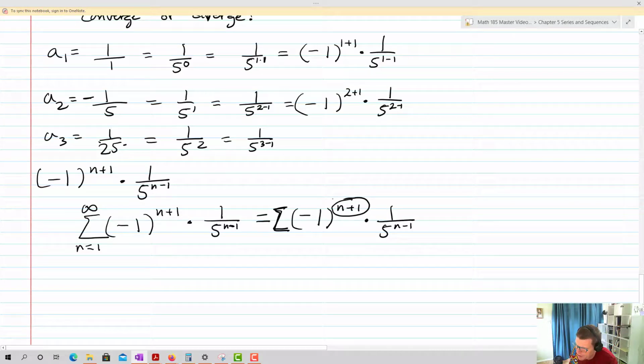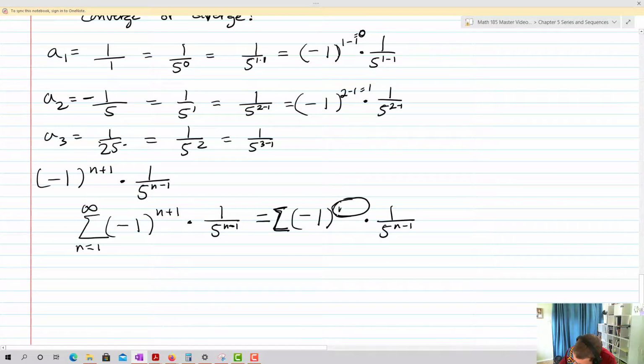So I'm going to change it to an n minus 1, and I can do that because it's going to end up giving me the same answers. For example, if n is 1, then 1 minus 1 gives negative 1 to the 0th power, which is positive. And for n equals 2, 2 minus 1 gives negative 1 to the 1, which is negative. So it'll give me my signs right, backwards and forwards.